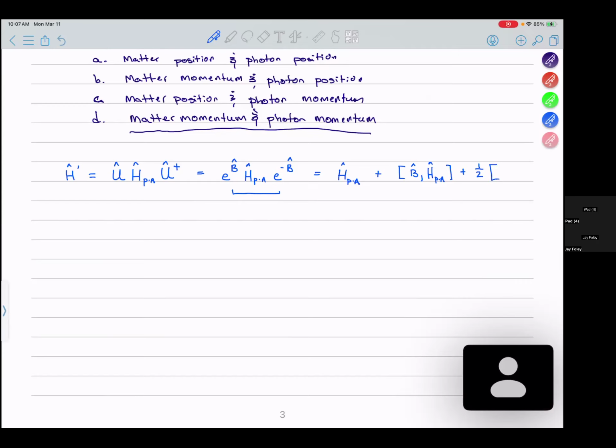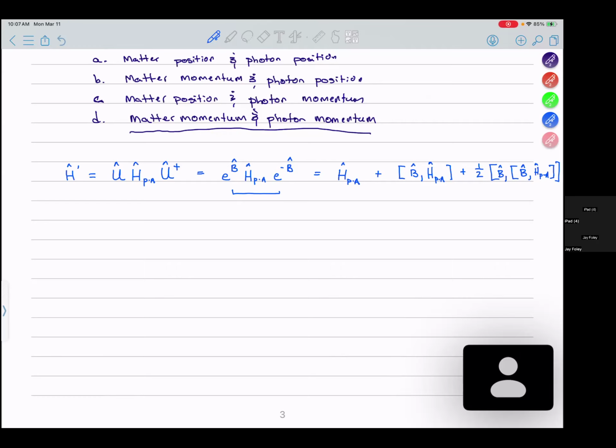So I've got a commutator of the anti-Hermitian operator B hat with the result of the commutator of B hat and P dot A. Okay, and this goes on forever.